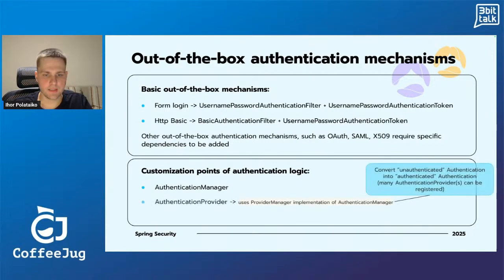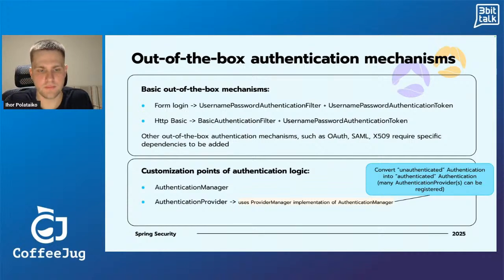And there is another customization point, which is called AuthenticationProvider. It's used in the case when you have potentially different authentication implementations in your project, and you want to have different authentication rules for authenticating them. Because you can have only one authentication manager per security filter chain.